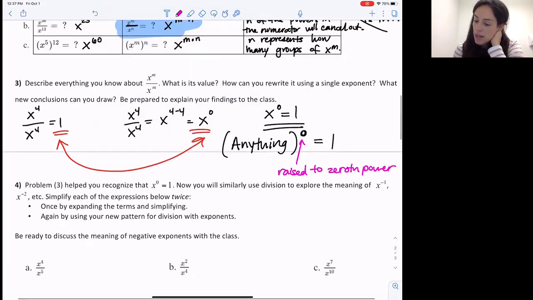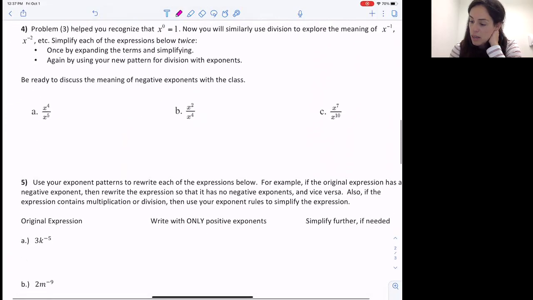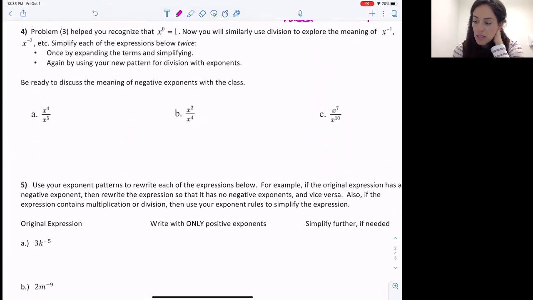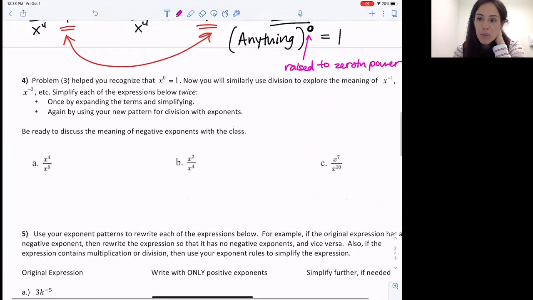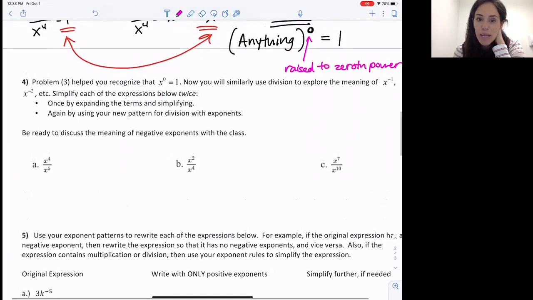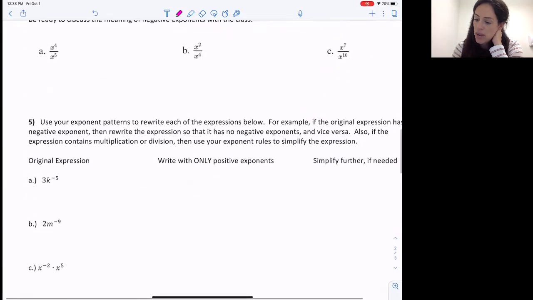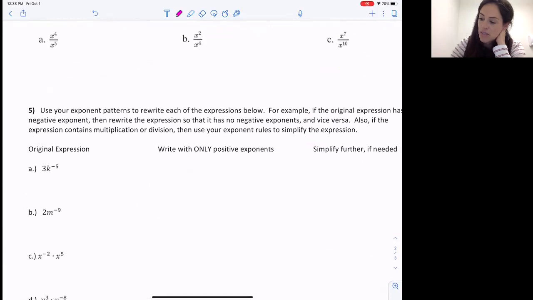Okay, let's go on to the next one. So we just talked about this, that x to the 0 is 1. Now we're going to use division to explore the meaning of x to the negative 1 and x to the negative 2. What does it mean to have a negative exponent? Well, let's look at what happens here. I've got x to the fourth over x to the fifth.